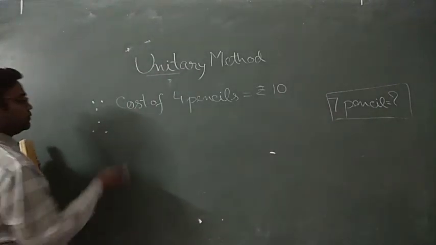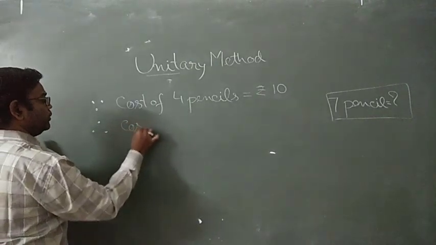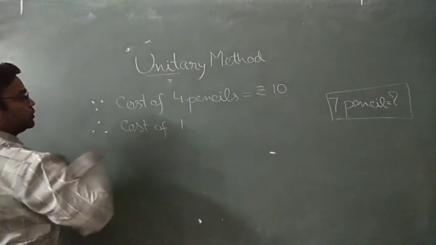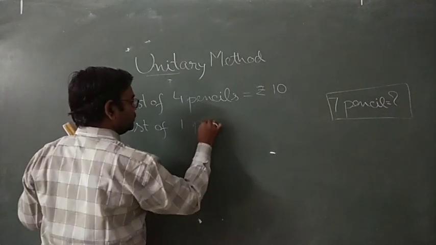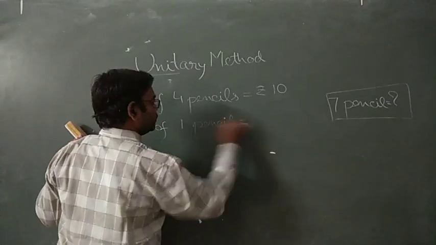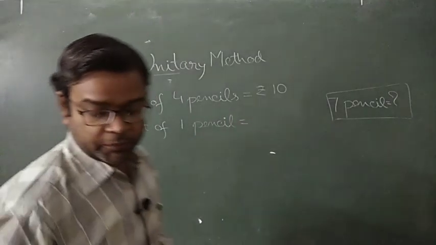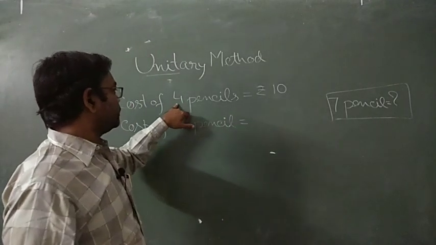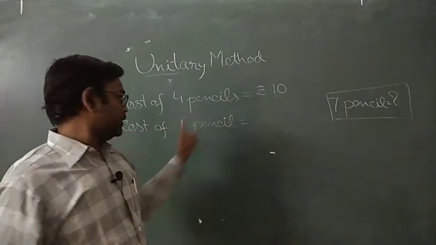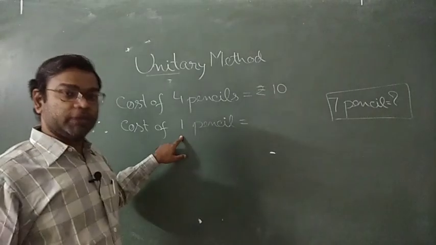So therefore, again we write cost of 1 pencil, that is the unitary method, equals to. Always remember that here more is given to you, the cost of more pencils, and we want to find out the cost of fewer pencils.